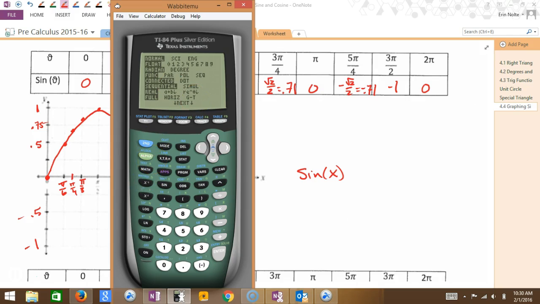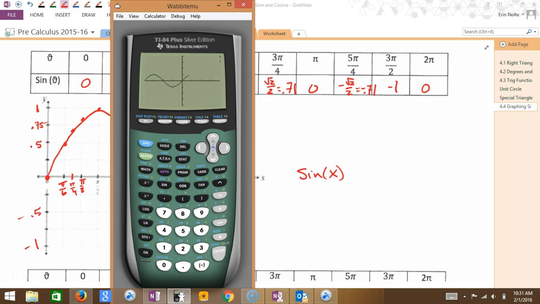And then the next thing I want is for my axes to be in terms of pi's. The calculator has a quick fix for that instead of going into the window and making it what we see. If you hit zoom, you can see that 7th option. Everybody see it? So hit zoom 7 and it will take you into a trig mode.